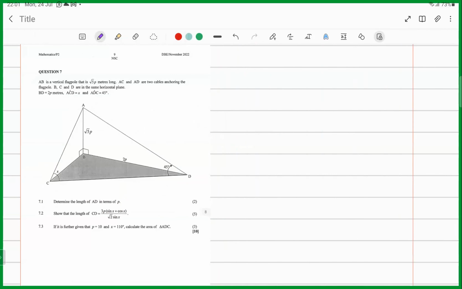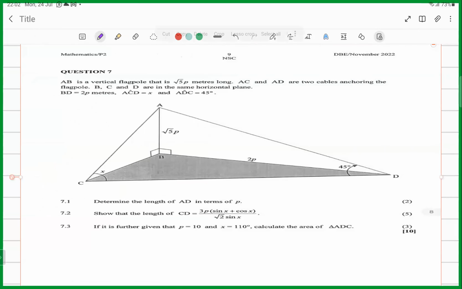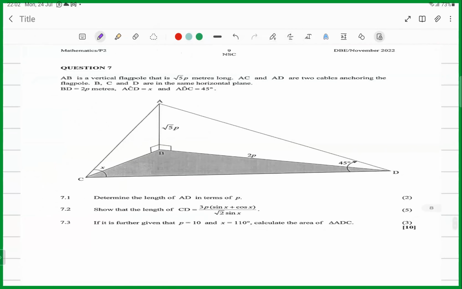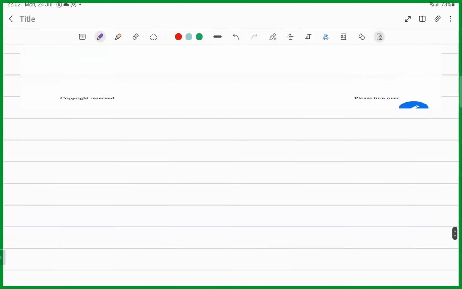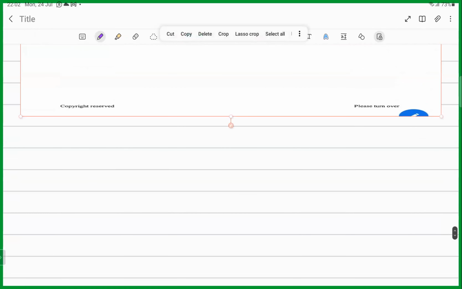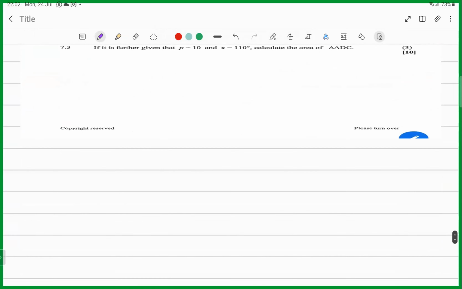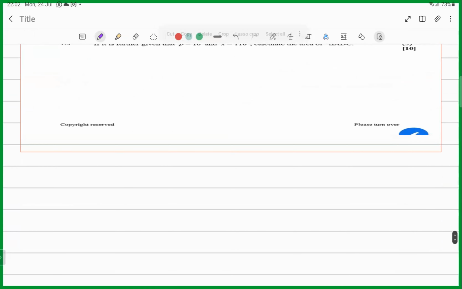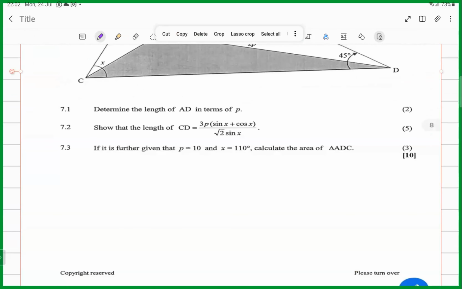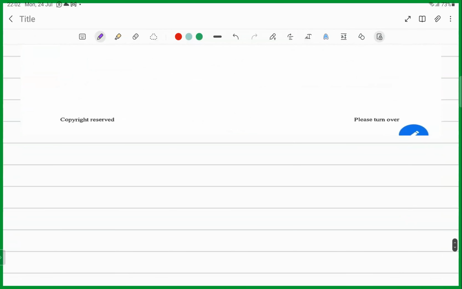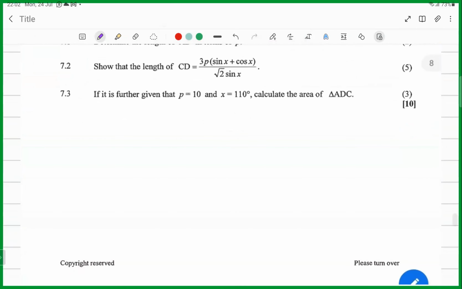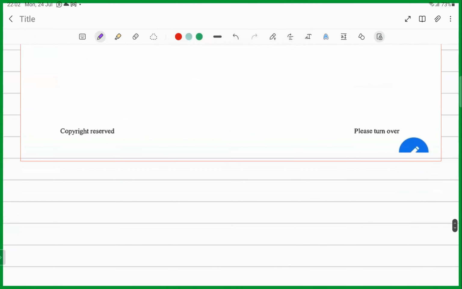Right, so let's look at this question here. Okay, I need to stretch it. Good, need to do further stretching of this. Good, just a little bit more.